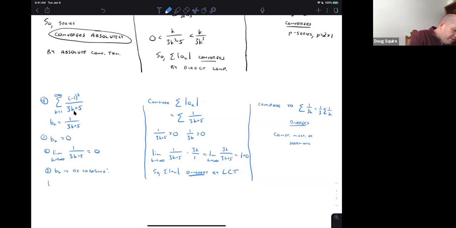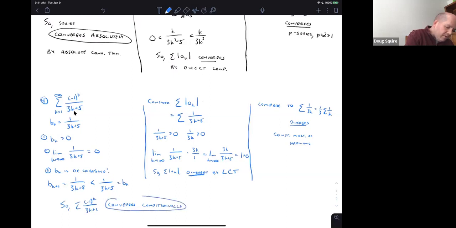And so on this one, it's simple enough to say, okay, b_(k+1) is 1 over 3k plus 8. b_k is 1 over 3k plus 5. And so because the numerators are the same and the denominator of the first one is larger, that means the first one is smaller. And so because those 3 conditions are true, then the original series converges, but it converges conditionally because its absolute value doesn't.